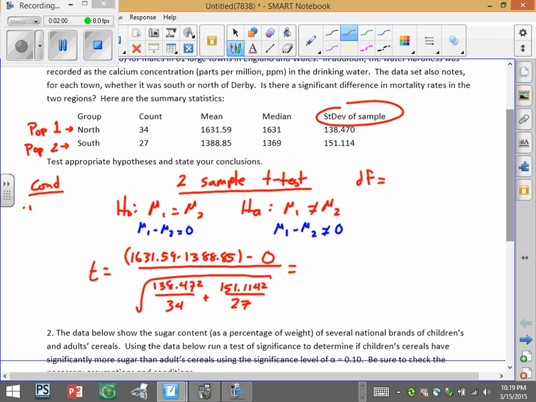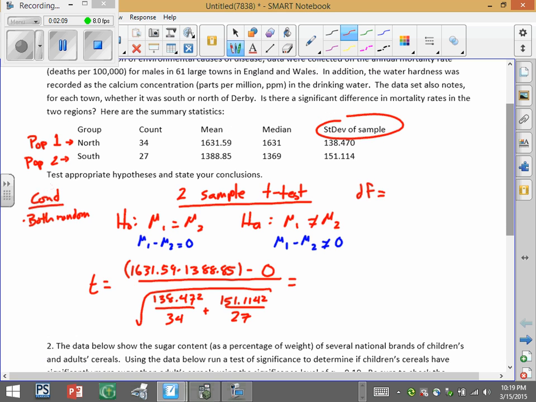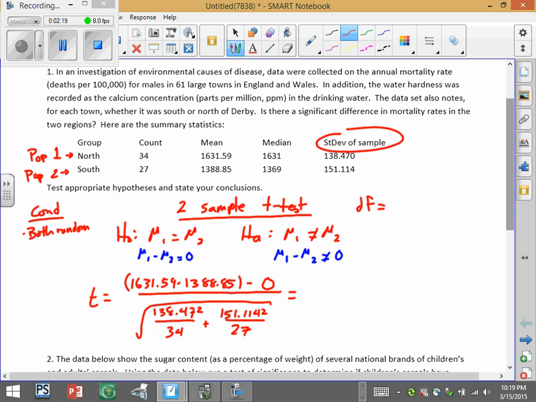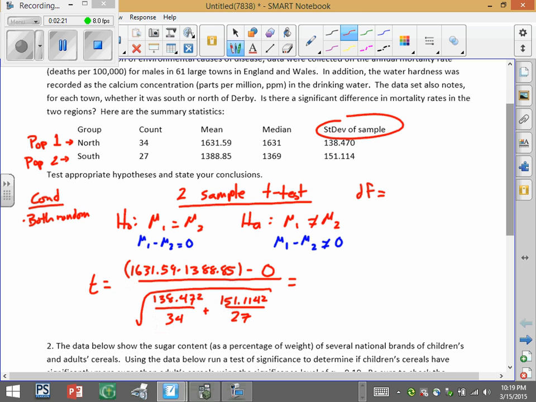The conditions, are they both random? Data notes, whether it's in north or south. Actually, go back and look at the investigations. I don't see anything about randomness unless I'm missing it. So we'll just have to assume they're both random.